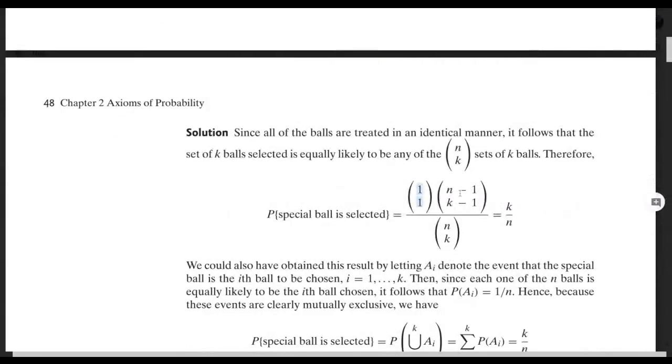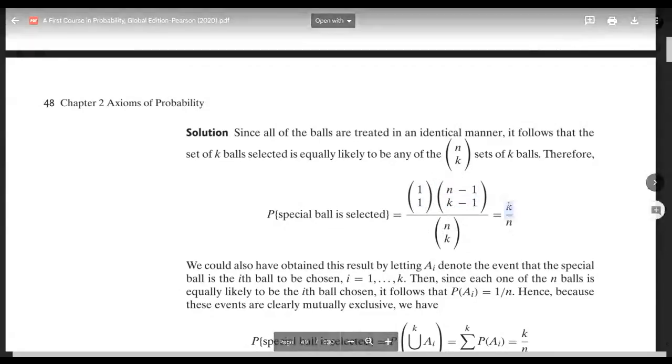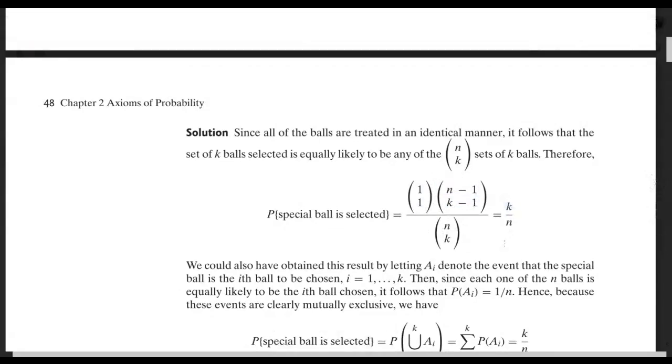Then 1 is chosen, so how many remain? n minus 1. But we want to choose k of them, but 1 is already out. So out of n minus 1, we want to choose k minus 1 of them. So we do the calculation, that's just k over n. Right.